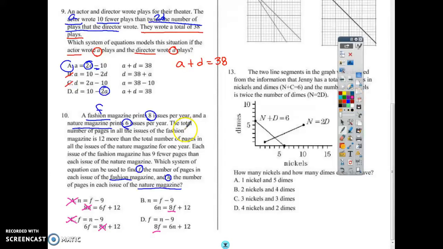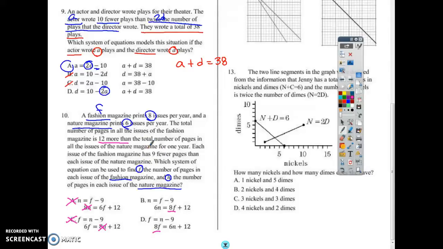It says the total number of pages in all the issues of Fashion Magazine is 12 more than the number of pages in the Nature Magazine. So what do you have more of? Fashion Magazine is 12 more than the total number of pages in the issues of the Nature Magazine. What do you have more of?